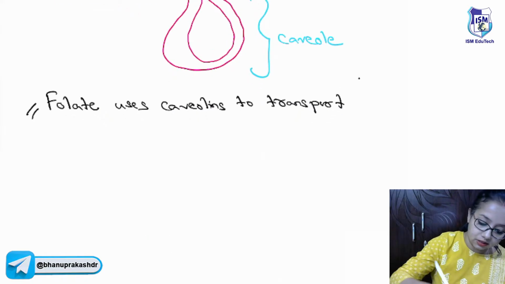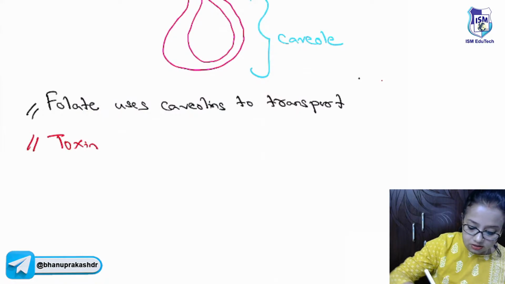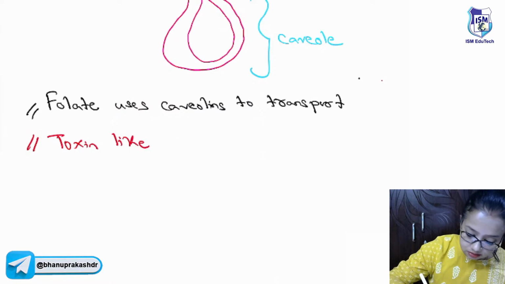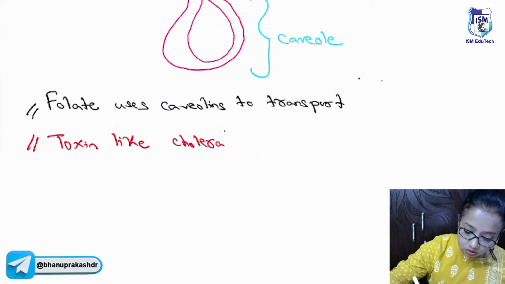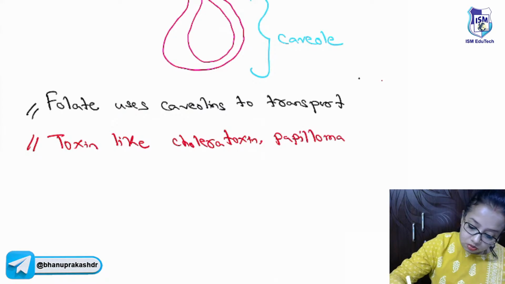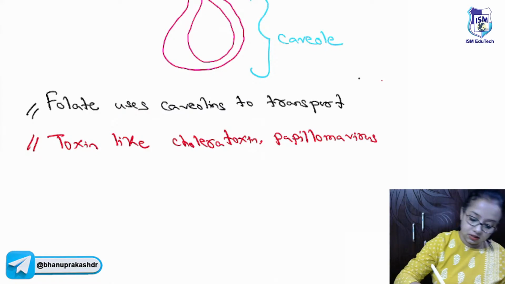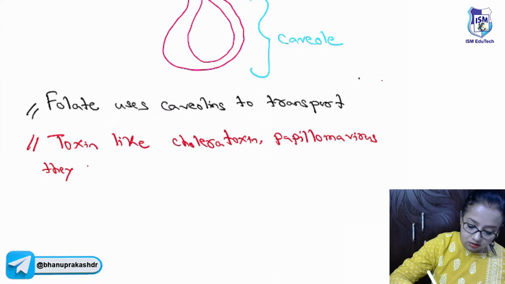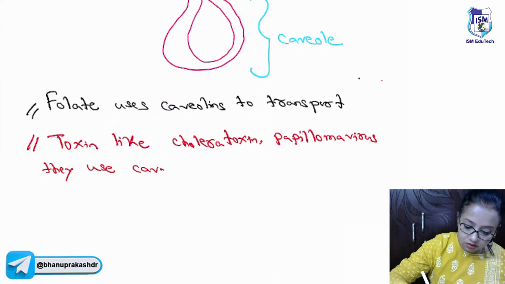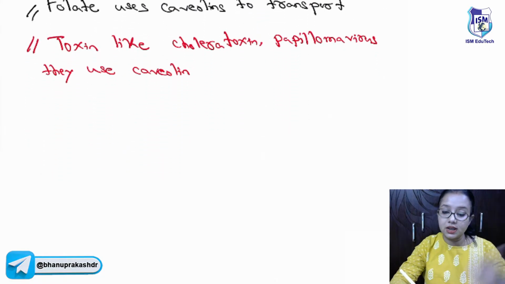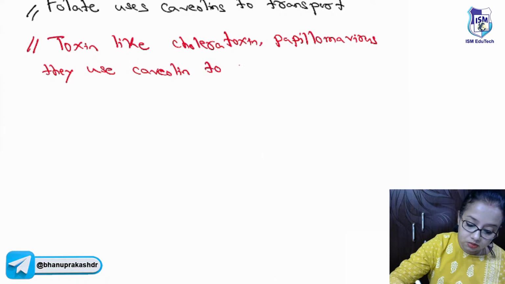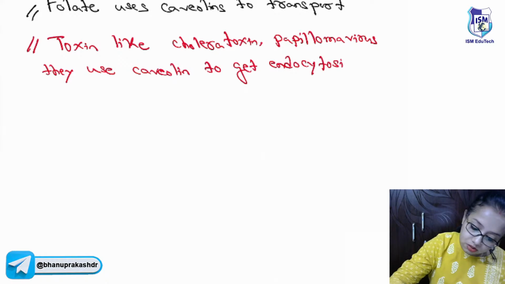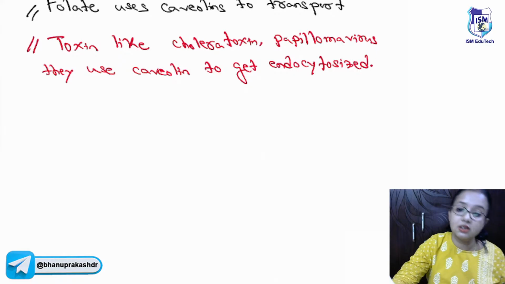Apart from that, certain toxins like cholera toxin and papillomavirus toxin use this caveolin protein to get endocytosed, meaning to enter the cell.